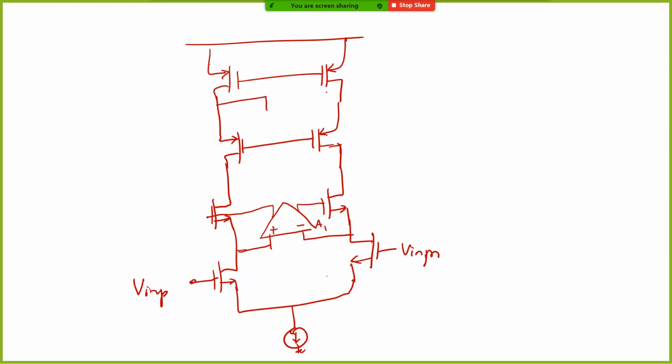Same way, you can tap the two things and give it to an op amp, either directly, or as differential outputs. Let's say this is A2. Now this whole thing becomes a regulated telescopic cascode OTA. So these are some gain boosting techniques. Same way you can do it for your folded cascode and so on.